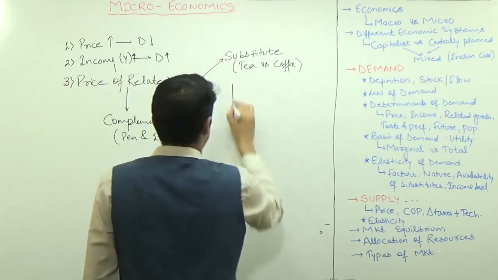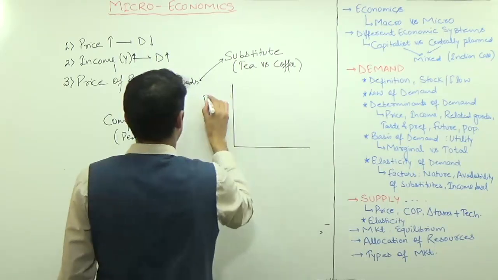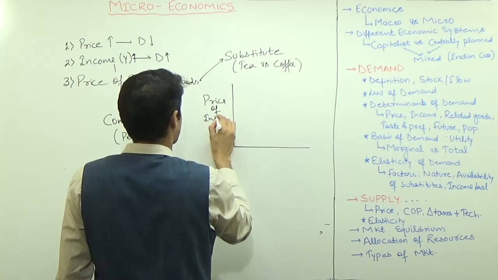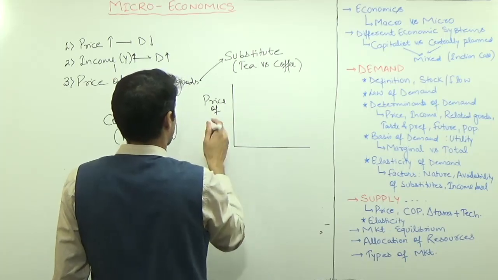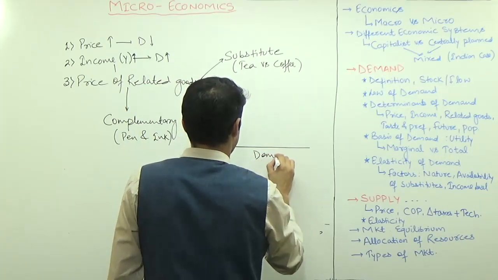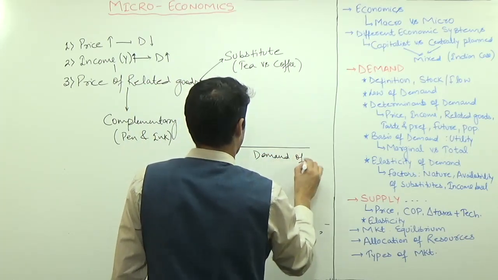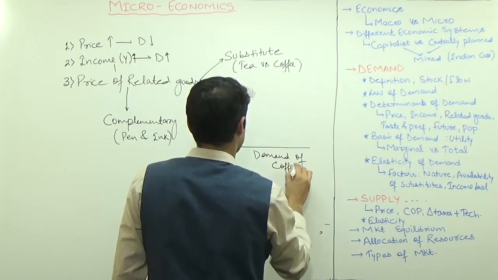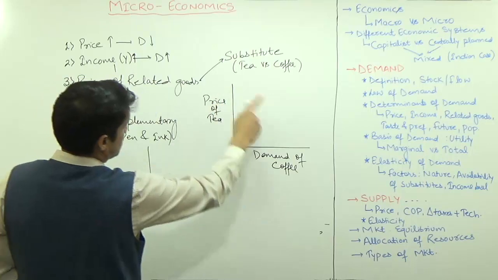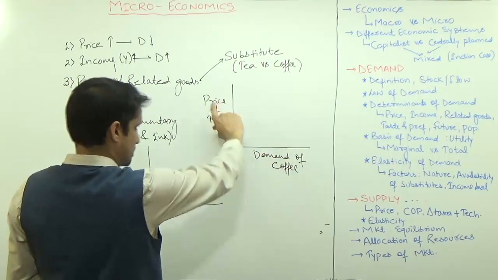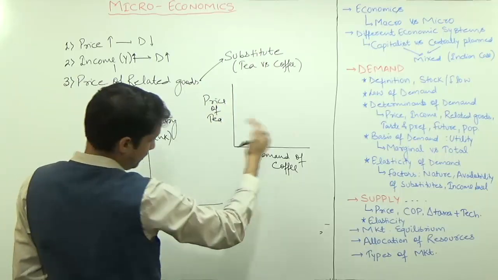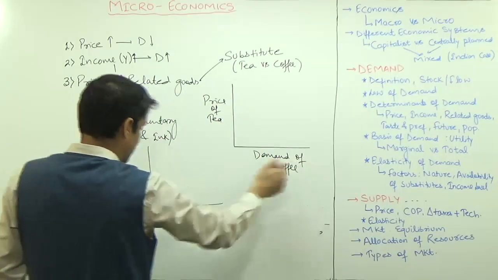Now you have to tell me the relationship between price of tea and demand of coffee. Similarly, they are not known as demand curve, they are known as cross demand curve, because on one axis it is the price of tea, but on this axis it is the demand of coffee.